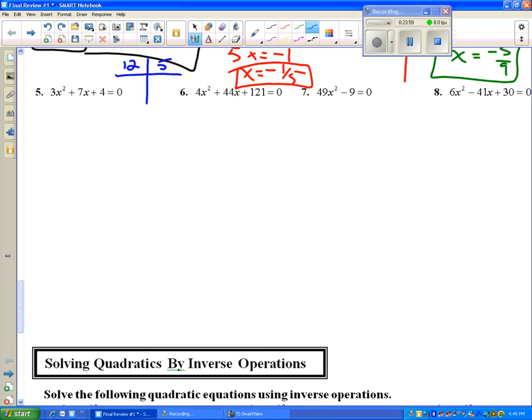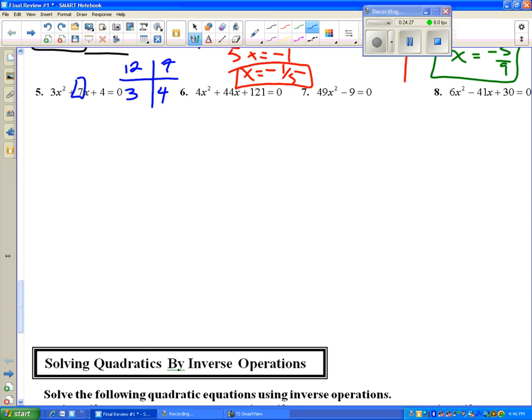Well, that's either 3 and 4, or 1 and 12, or 2 and 6, which won't give me 7. Let's step back and try this again. What multiplies to be 12 and adds to be 7? I'm still thinking of a number 5. I'm not sure why. What multiplies to be 12 and adds to be 7? That is the numbers 3 and 4.